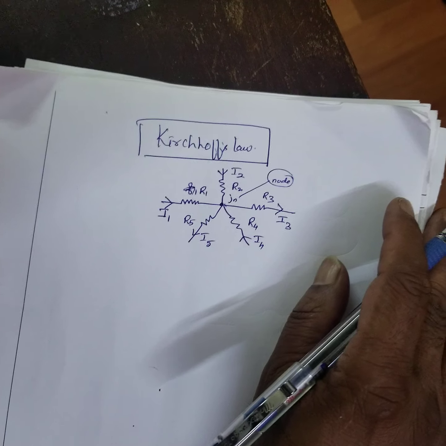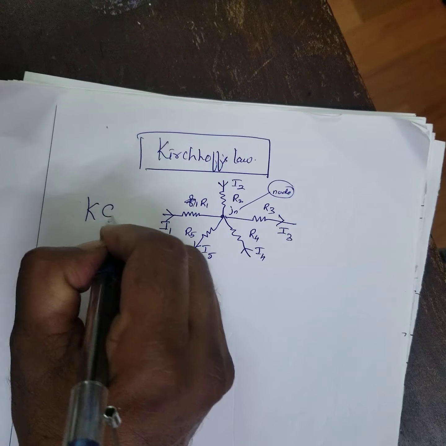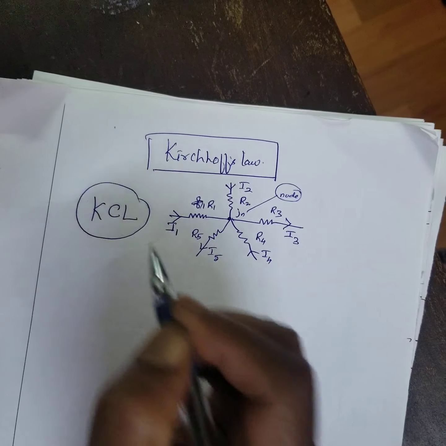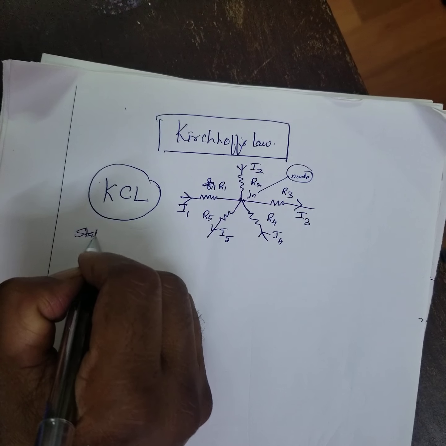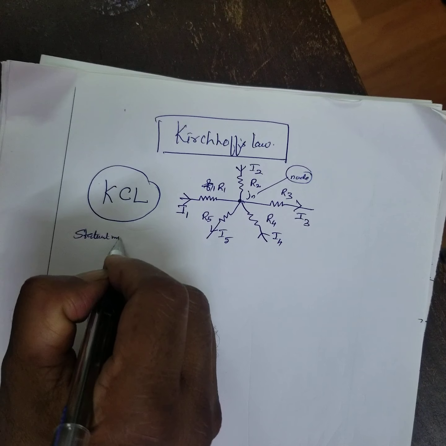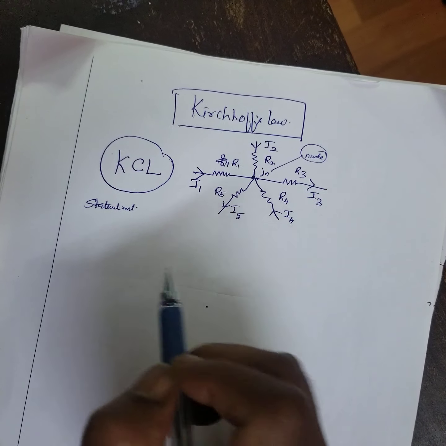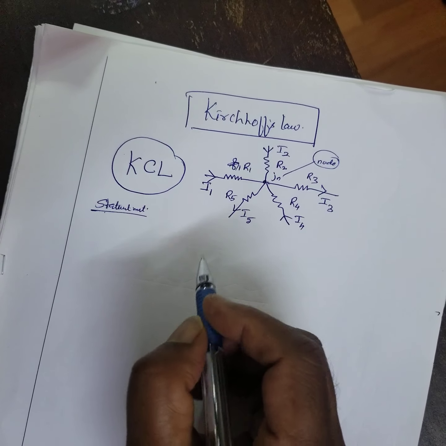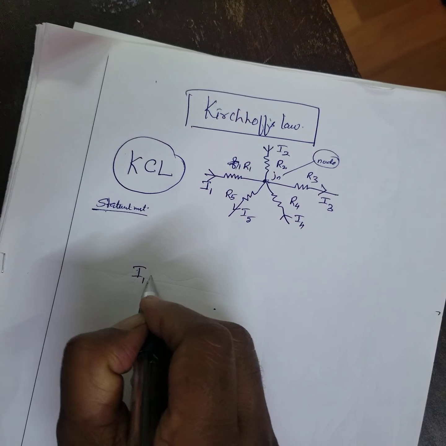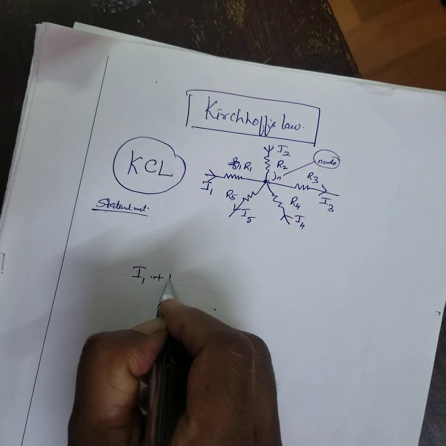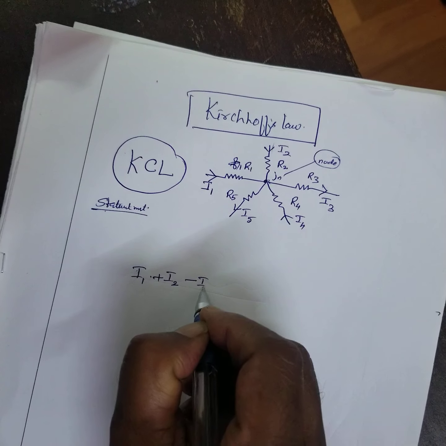Now, Kirchhoff current law. Statement: I'll write it later. Here the current entering the junction is positive, here also entering the junction, positive. Here it is leaving the junction, negative.